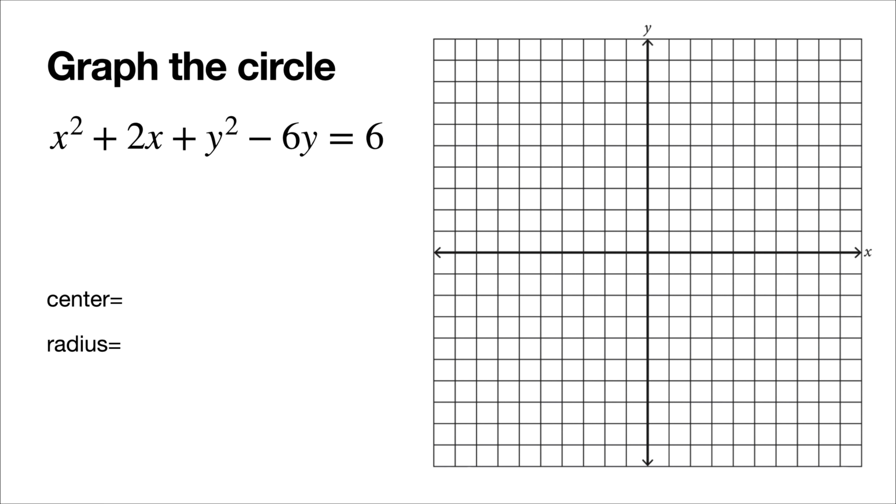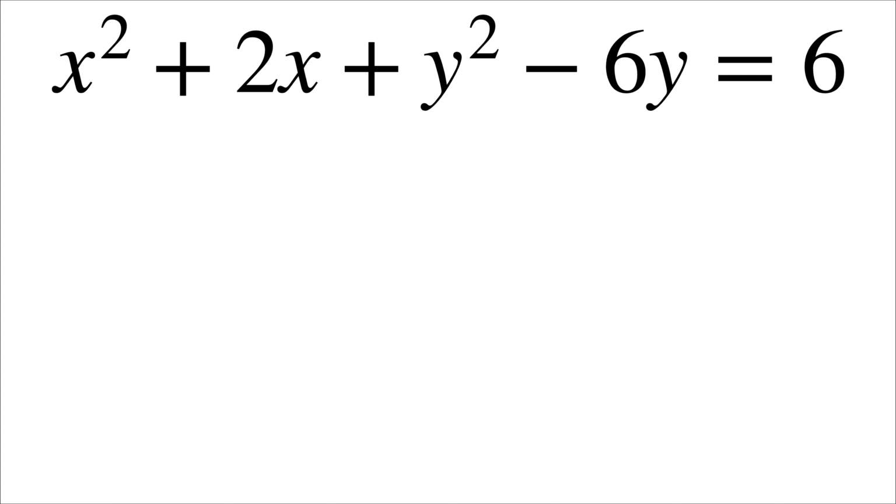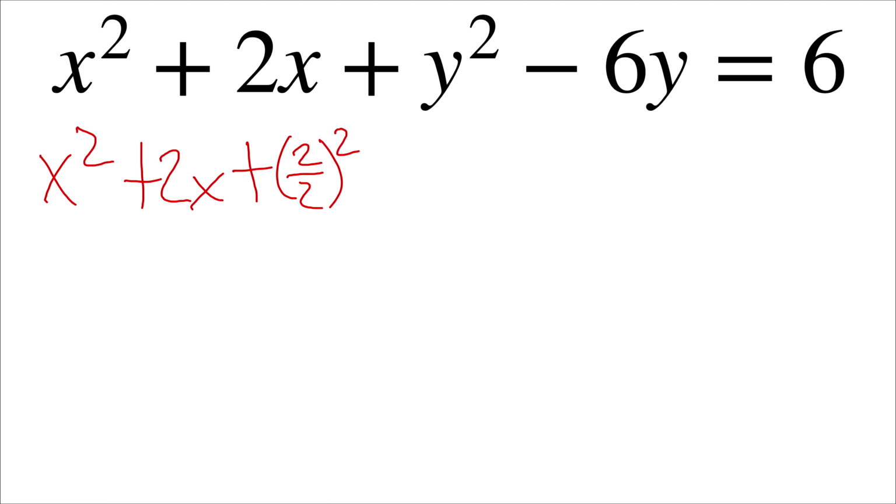All right, so let's try it again on here. To do that, we actually have to do the same process, and it's only slightly different when we have our second variable. We're going to do basically the same thing just twice. So over here, this becomes x squared plus 2x plus, remember, 2 divided by 2 squared.